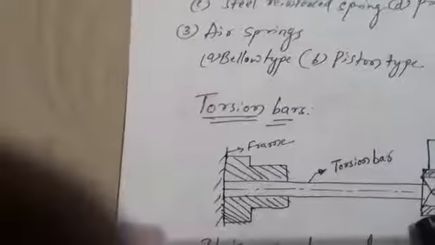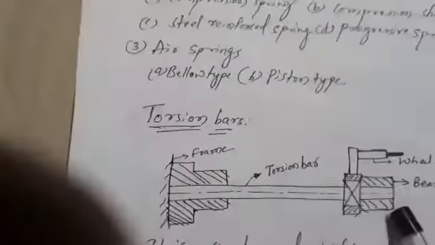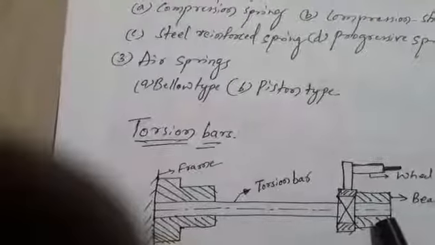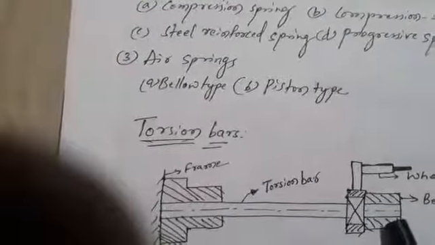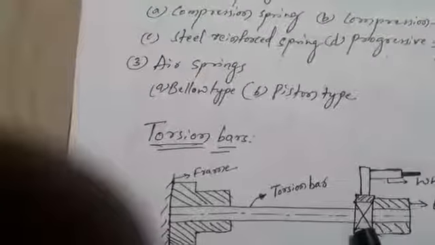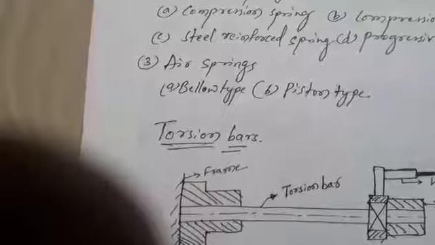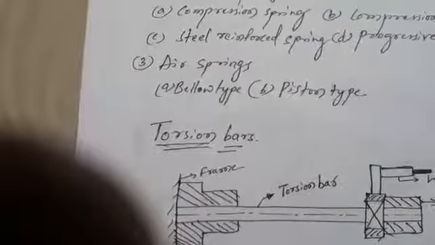This wheel arm is supported in a bearing. The wheel arm is connected to the wheel hub spindle.